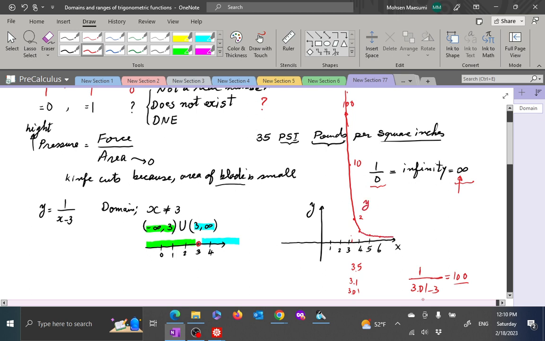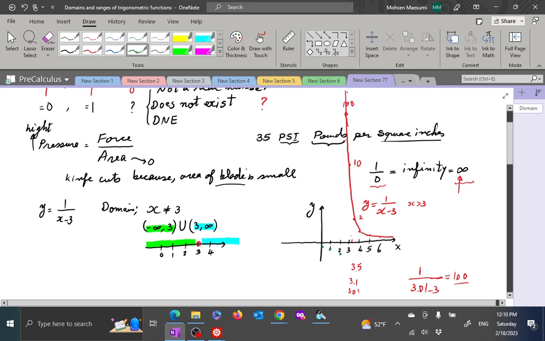So this is the graph of y equals 1 over x minus 3 so long as x is larger than 3. Well, if x was less than 3, like let's draw that in green, at 2, 1 over 2 minus 3, that's going to be minus 1. At 1, that's going to be minus half. At 0, it's going to be minus a third, and so on.